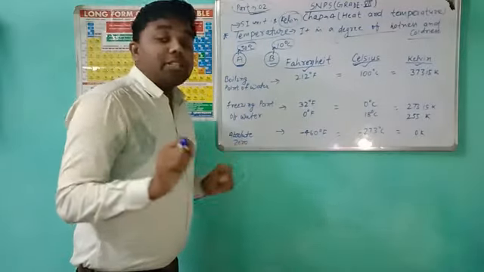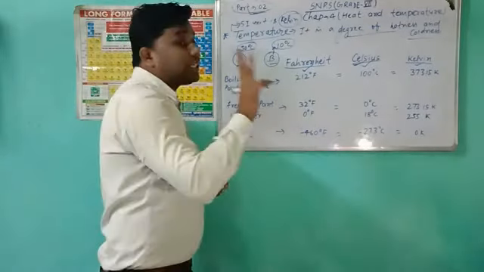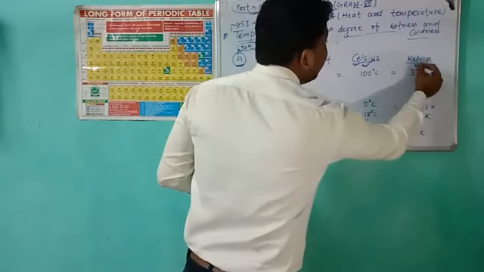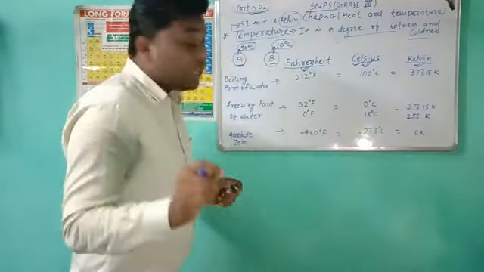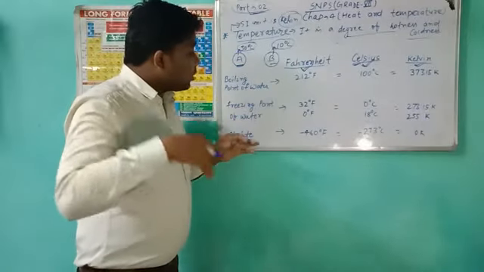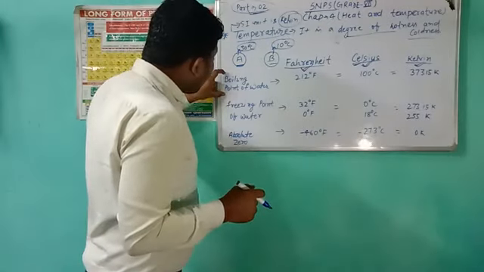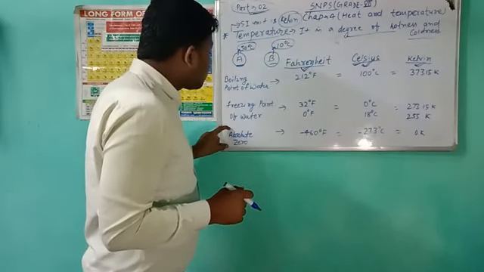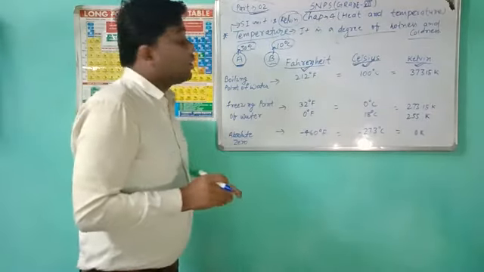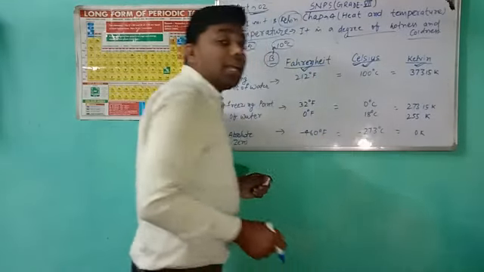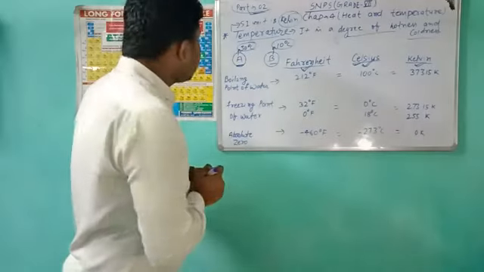The temperature scales are of three types: Fahrenheit, Celsius, and Kelvin. Here I am going to show the boiling point, freezing point, and absolute zero temperature in the different temperature scales one by one.